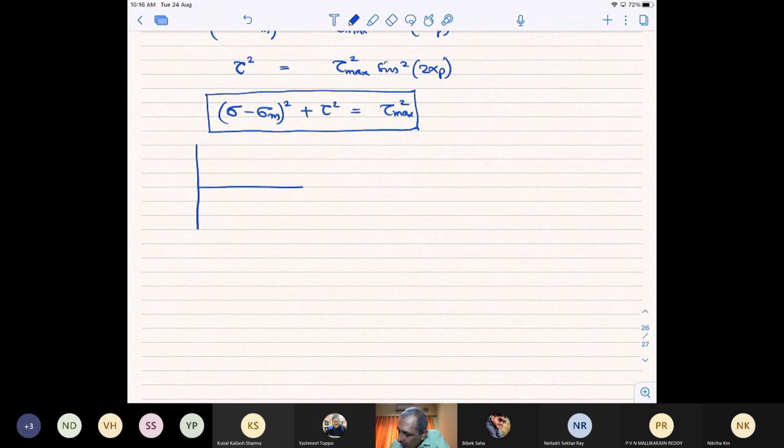But you know what we can do is we can easily plot now. The axes are sigma and tau. So sigma is the normal stress, tau is the shear stress. And this is sigma m, that is the center of the circle. And then you will have a circle like this.